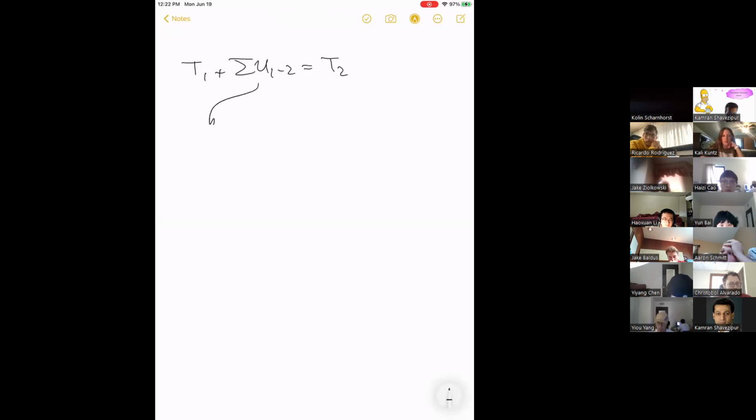We separate this as U12 non-conservative and U12 conservative.